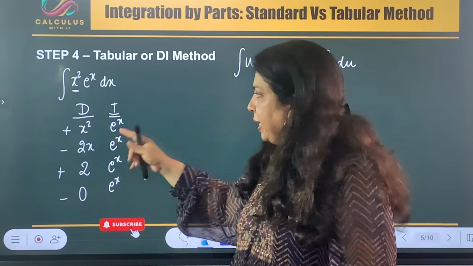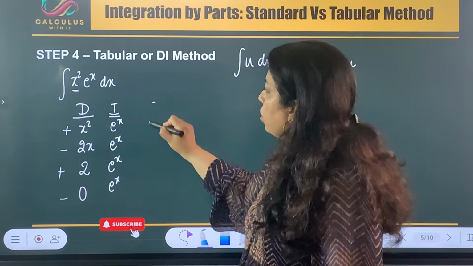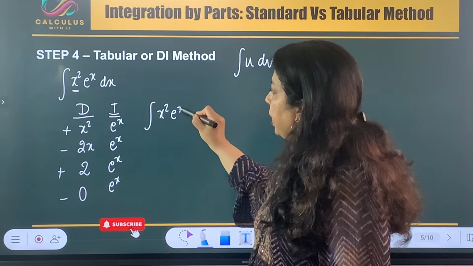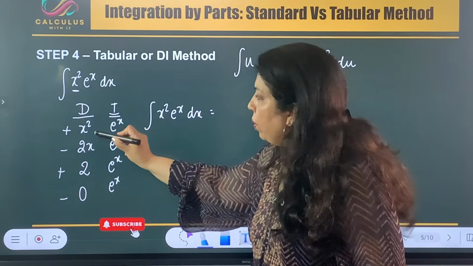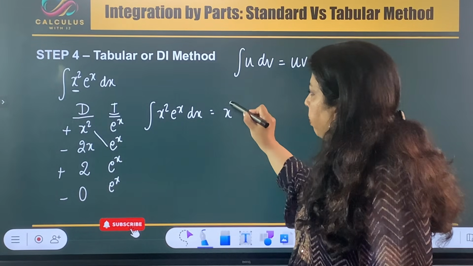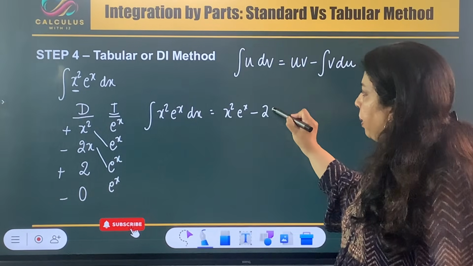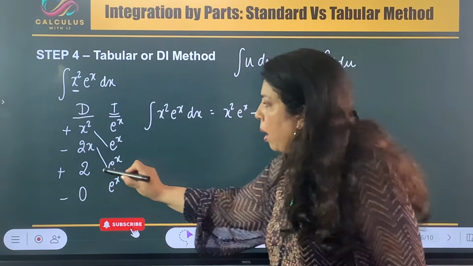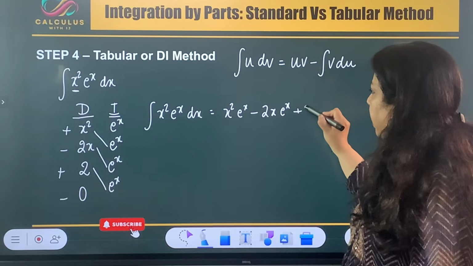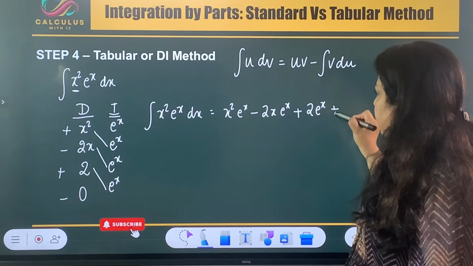Next we multiply these terms diagonally. So integral of x square e to the power x dx is equal to x square multiplied by e to the power x, minus 2x multiplied by e to the power x, plus 2 multiplied by e to the power x, plus c.